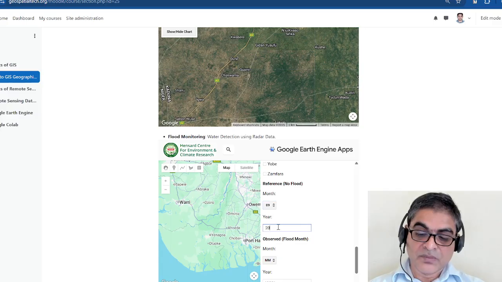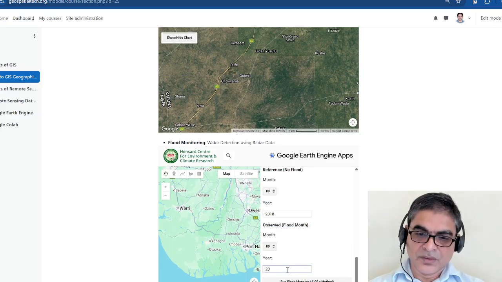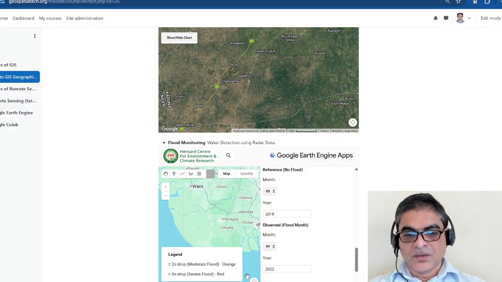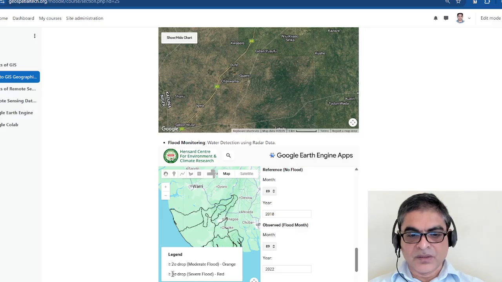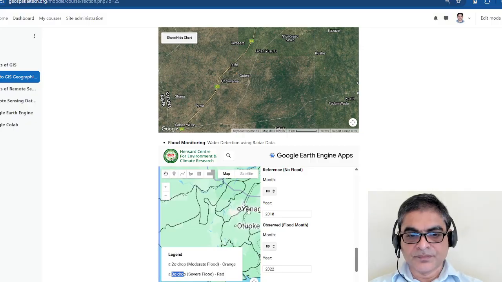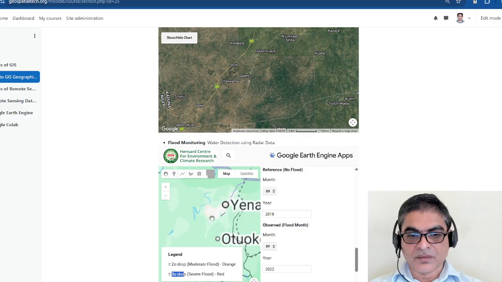Where there is no flood, maybe 2022, and then you can run the application. Wherever the red color is there, it's a 3 standard deviation drop. So you can see this place here.